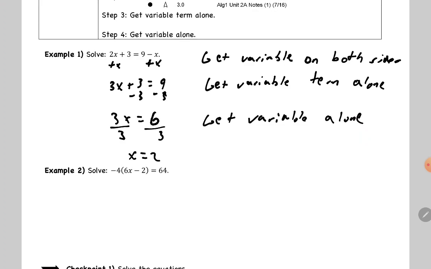Okay, example 2. Remember that distributive property from unit 2.1? So we're going to use the distributive property. First thing we need to do is simplify both sides.